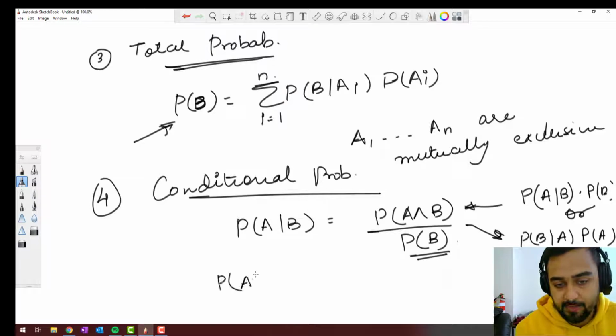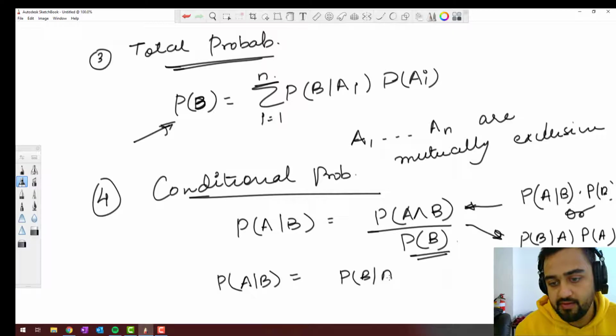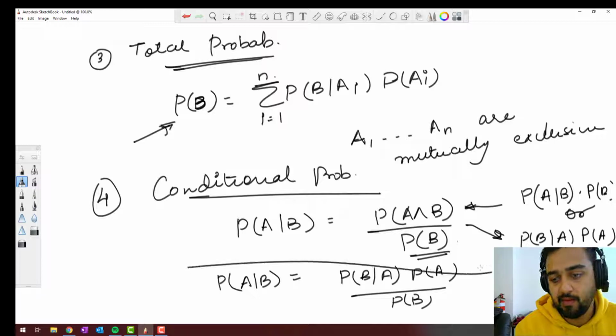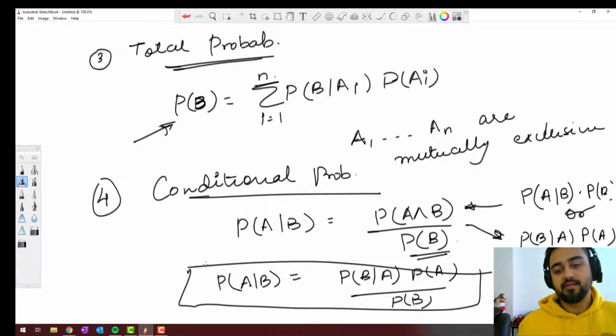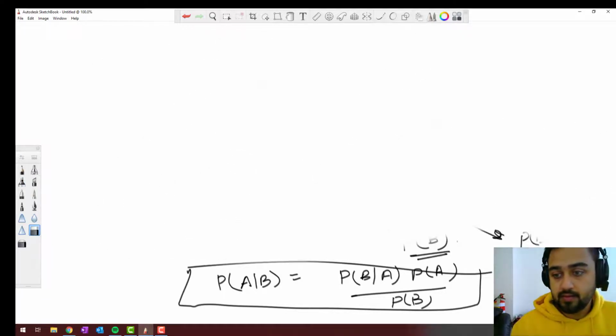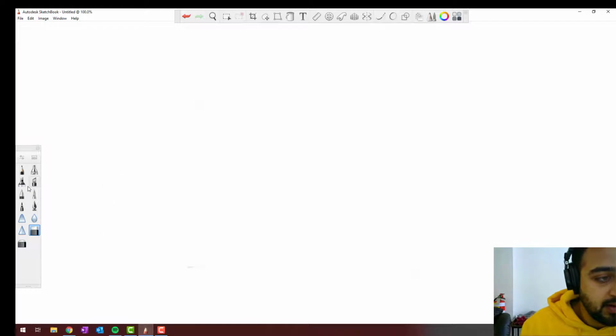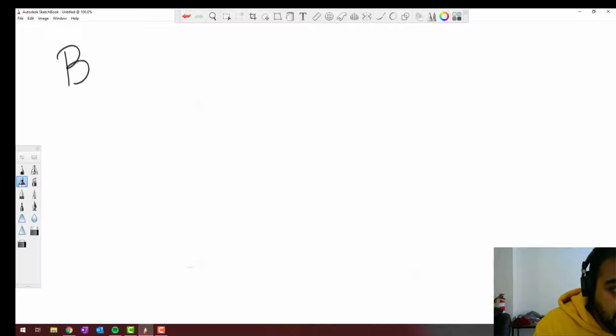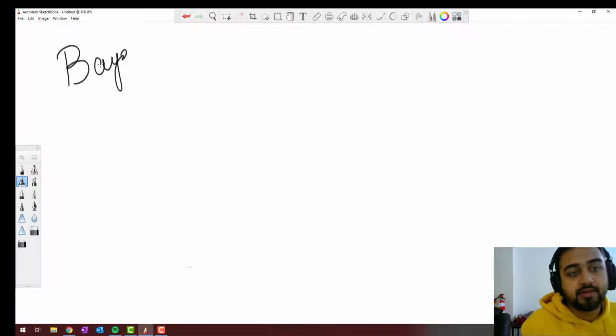Therefore, P(A given B) gives us P(B given A) into P of A upon P of B. This gives us your conditional probability. Right. Now, that brings us to Bayes theorem.